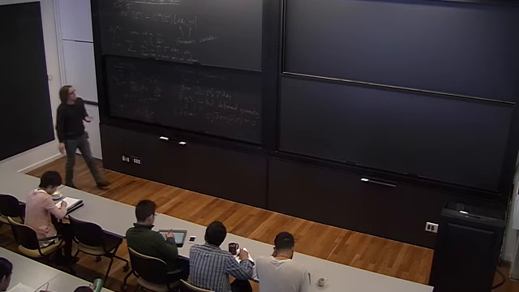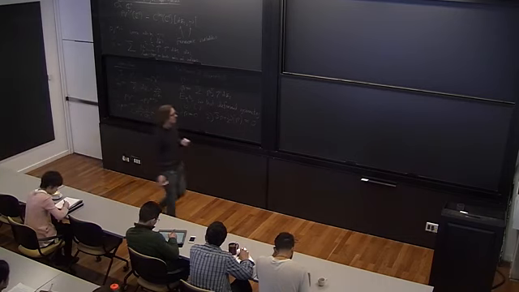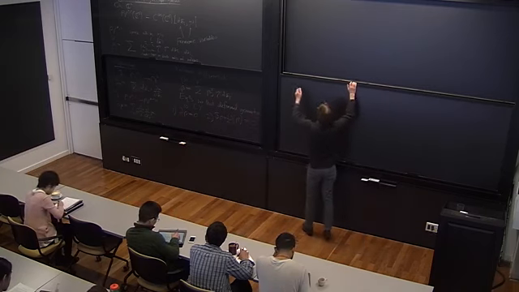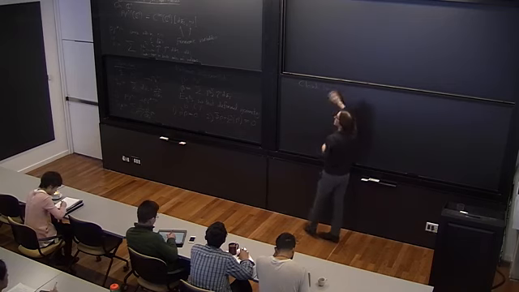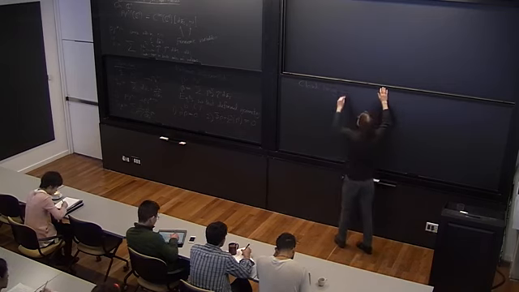So let me write down the formula for this Lagrangian. I'll focus on the part where there's only a Beltrami differential, and I'll introduce the other fields momentarily.